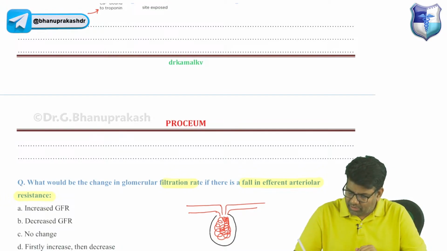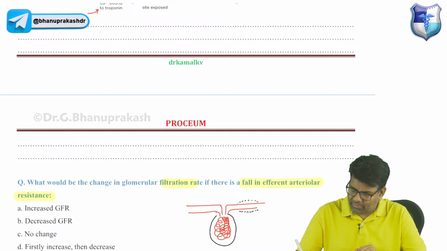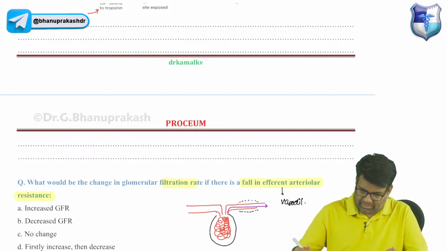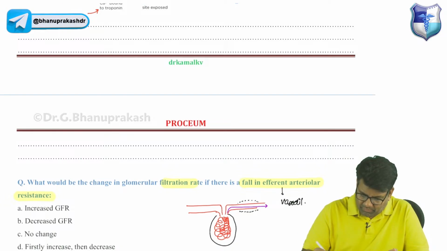It means there is dilatation of the efferent arteriole. Fall in resistance means there is vasodilation. Now if there is vasodilation, it will promote flow of blood out, therefore GFR will decrease. There will be a fall in GFR.